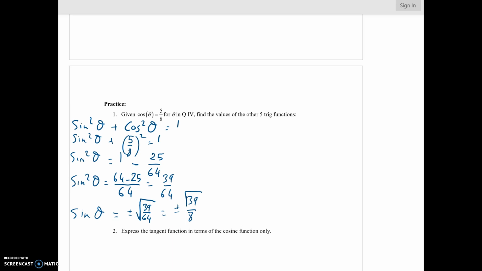Because theta is in quadrant 4, what does that mean?